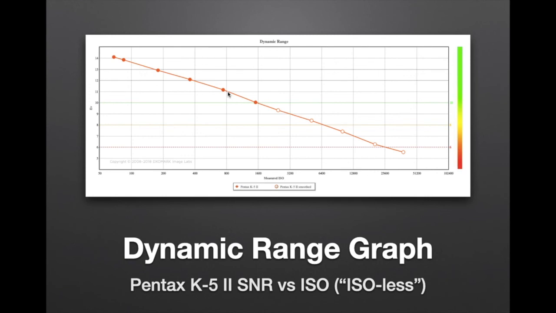Okay, so we get that here at 800 ISO, and if I wanted, I could go down to 400 ISO and get even more dynamic range for my image. But according to our analysis, 800 is what's required.